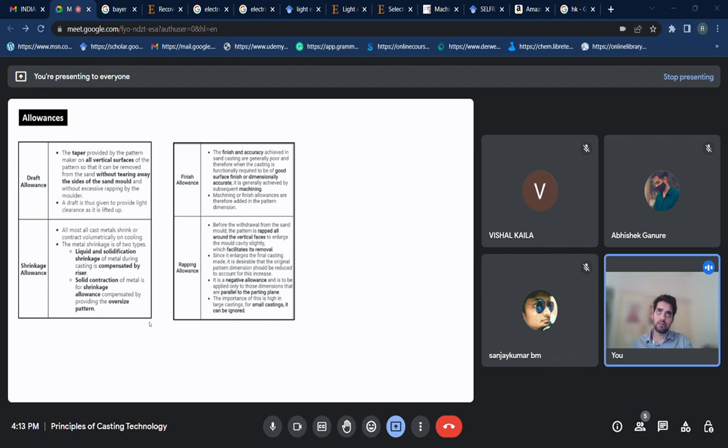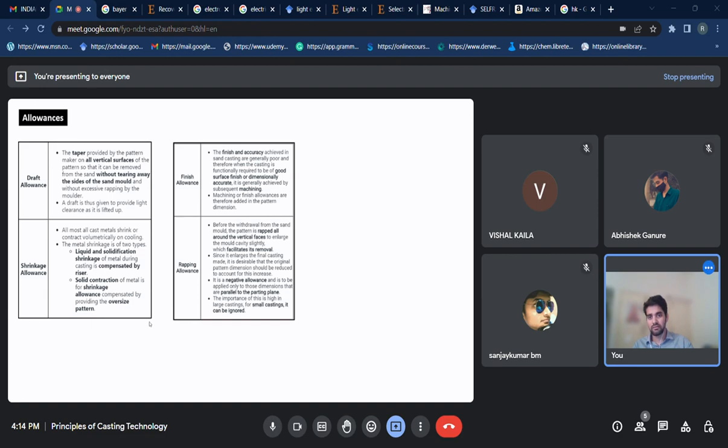After that, if we talk about the finish allowances or machining allowances, finish allowance is basically the machining allowance. After making the mold, the surface is not generally very smooth. It is very rough and it needs some finishing. For all the casting processes, the surface is not smooth.